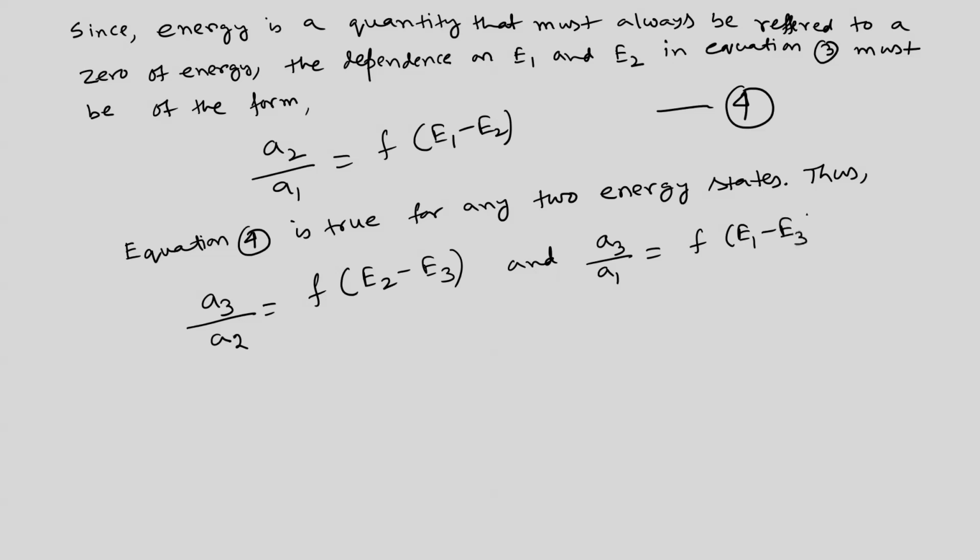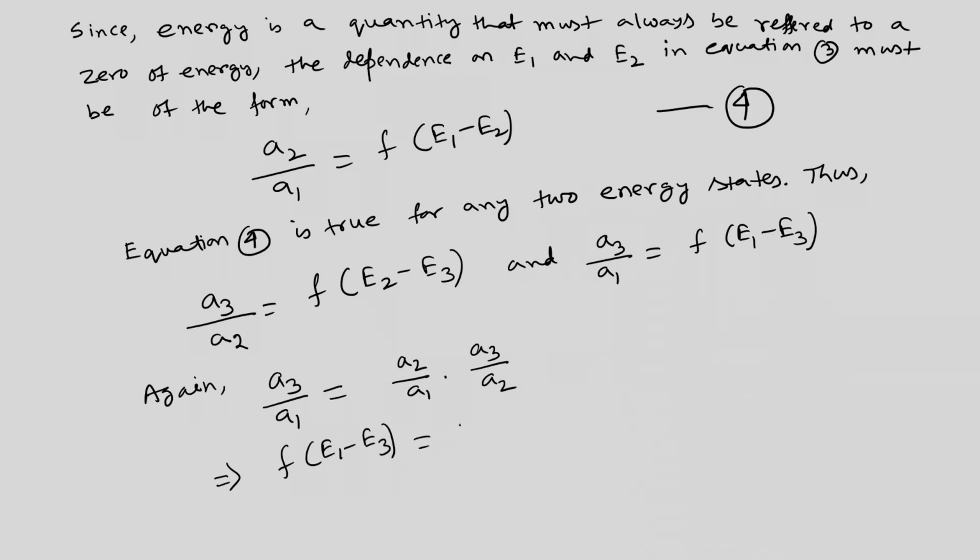Or again, A3 by A1 is nothing but A2 by A1 times A3 by A2. So, it says f of E1 minus E3 is the product of the two functions. Suppose this is our equation number 5.